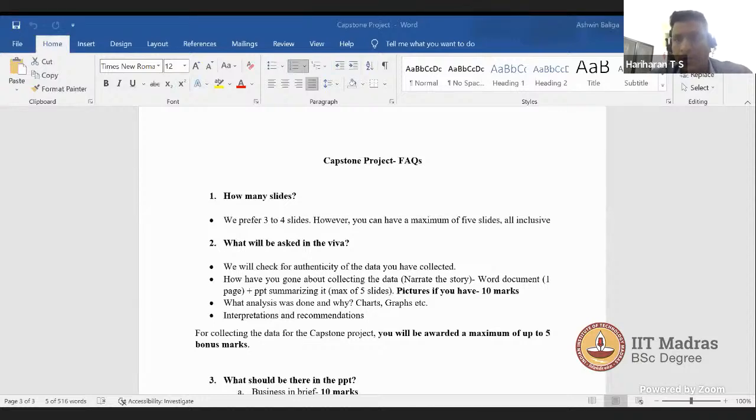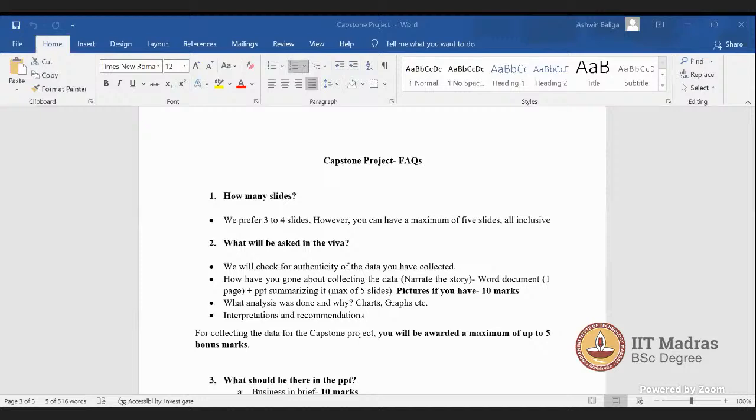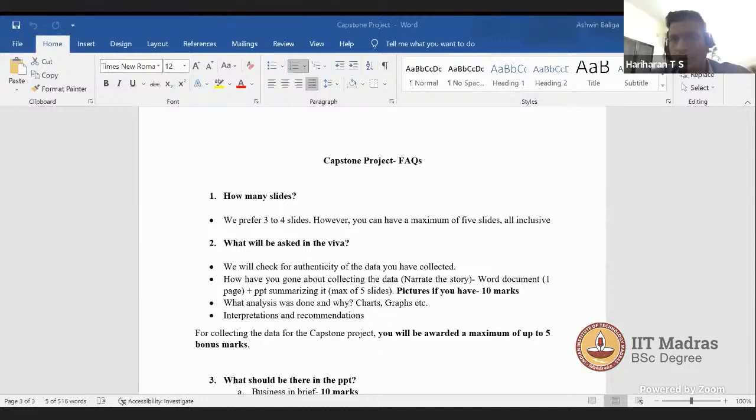But what you can do is hide any identifying information about the business or the owner or the kind of business it is. In that case, how are we supposed to prove the authenticity of the data if we are hiding the business owner details? See, you're not going to give the name of the business owner, but it doesn't mean that you cannot take a picture while you're interacting with them.